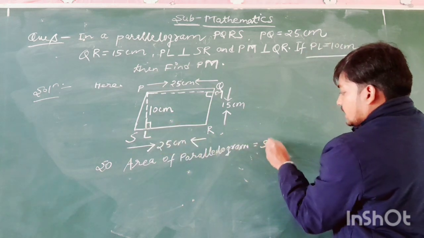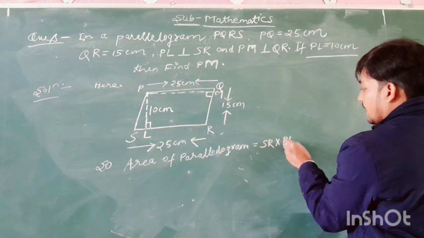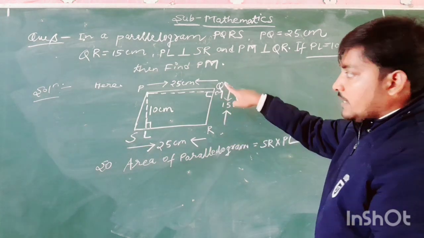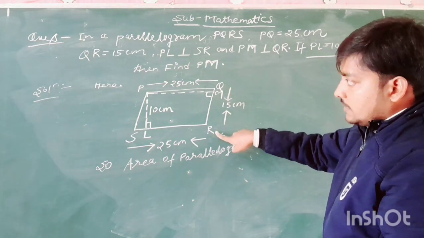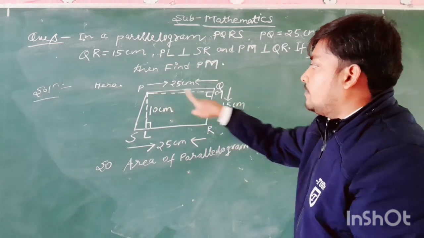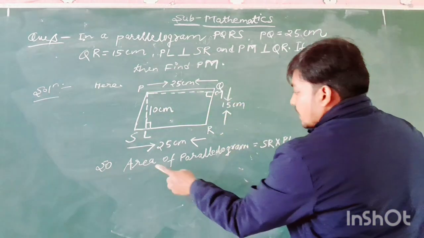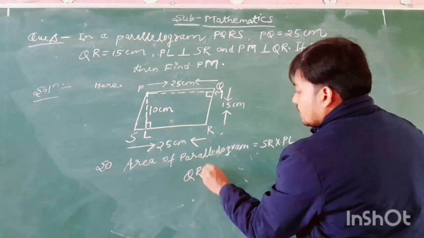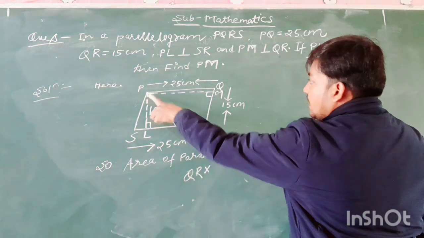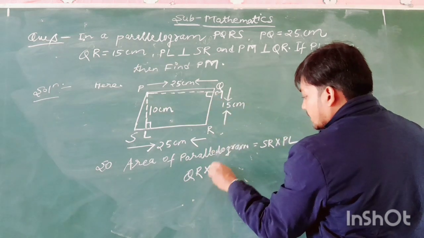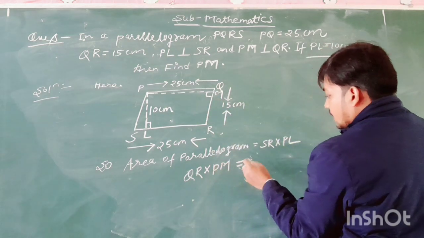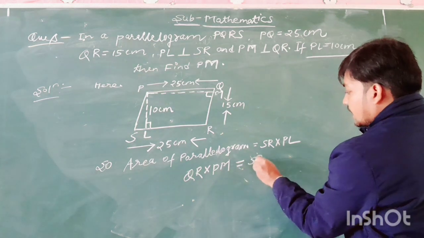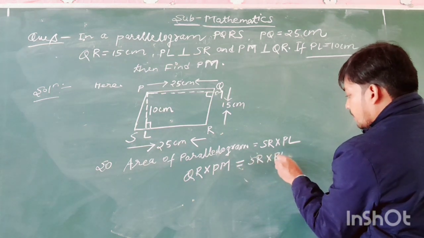So SR into PL. If we consider the base is QR, in this case the height will be PM. So area of parallelogram is QR, which is base, and PM, which is height, equals SR into PL.